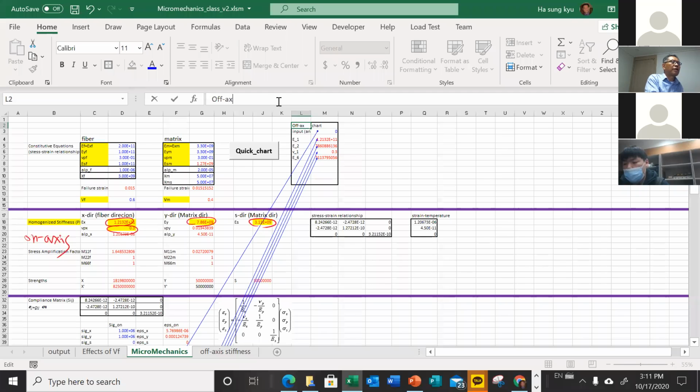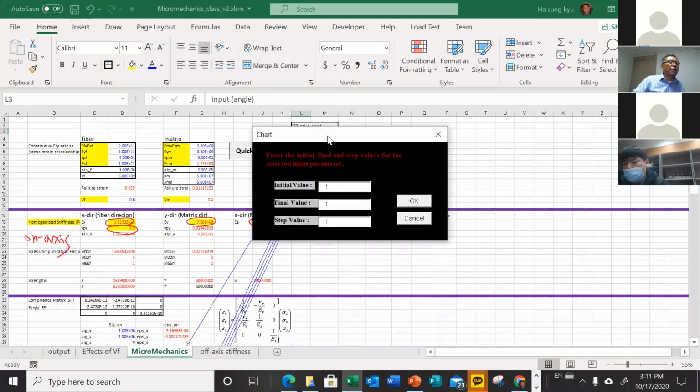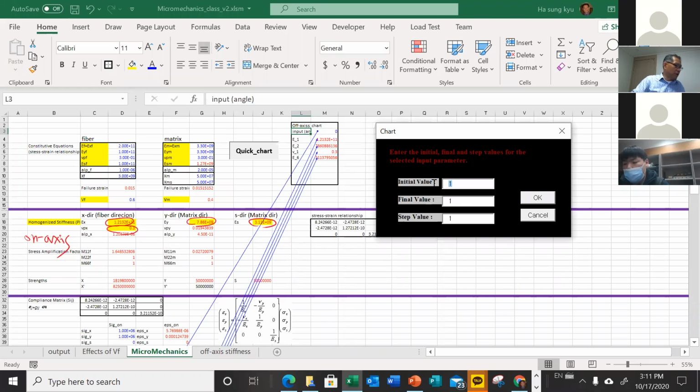Okay, so I will change the name to OVX. OVX is called stiffness. This is the name of the new worksheet. So the initial value of the angle is now from 0 to 180 degrees, in steps of 1 degree.